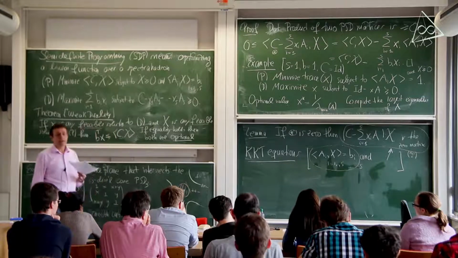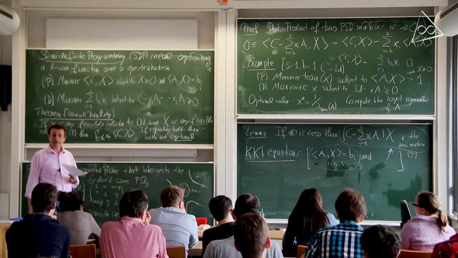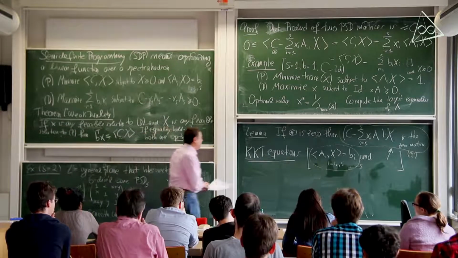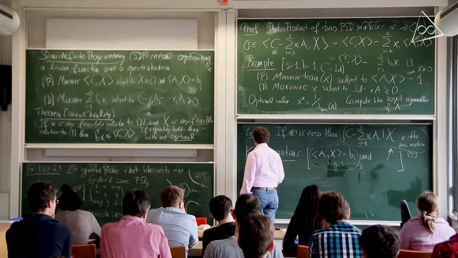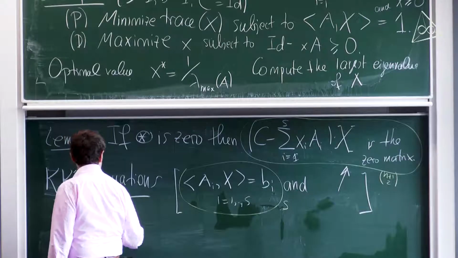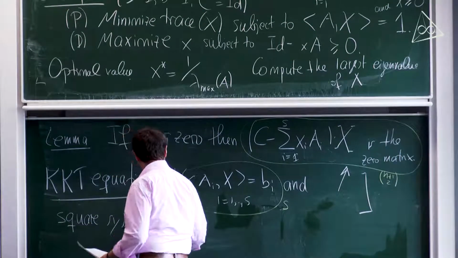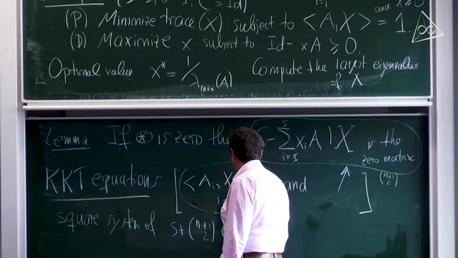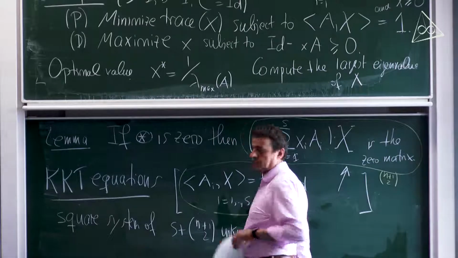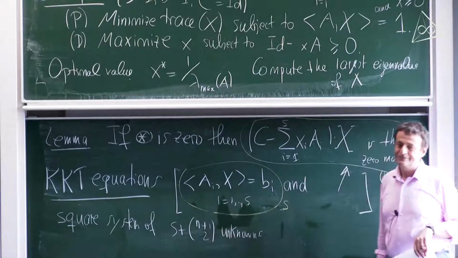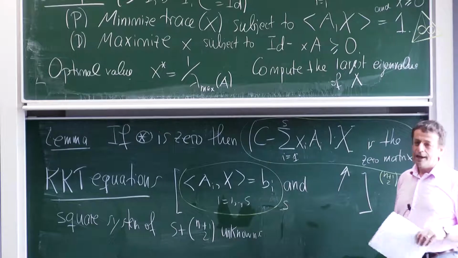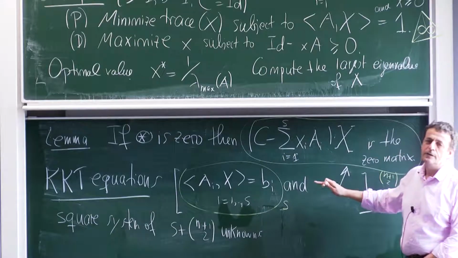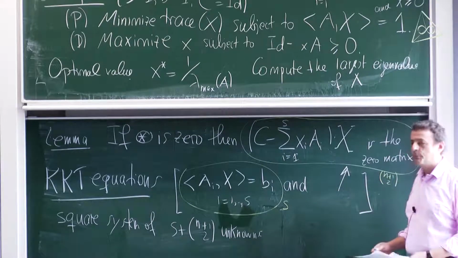I have s little x unknowns, and n plus 1 choose 2 big X unknowns. This is a square system of polynomial equations, so square means the same number of constraints as unknowns, a square system of s plus n plus 1 choose 2 unknowns. So if today, say in the afternoon, I ask you to solve a semi-definite program, what I'd like you to do is solve these equations. Of course, that's not how people do it in practice.